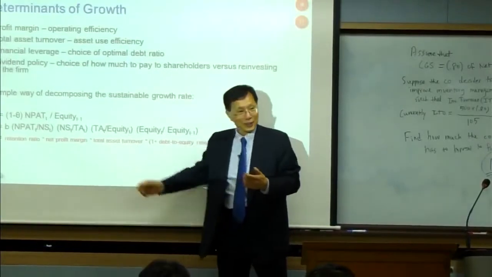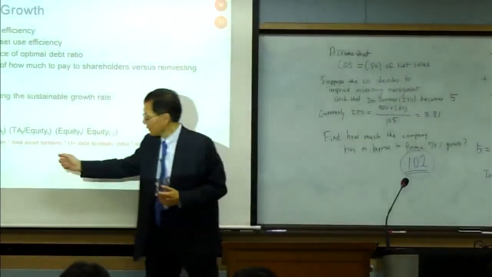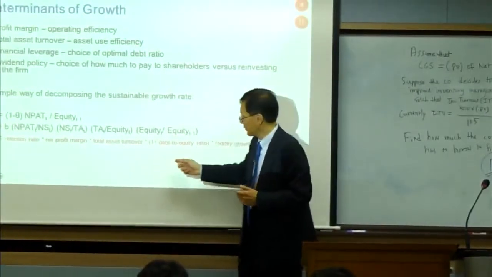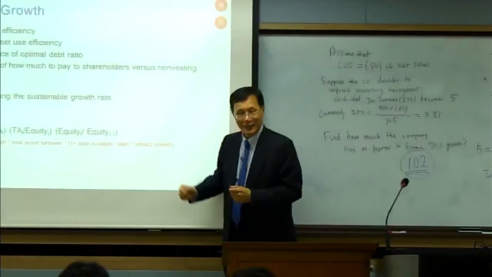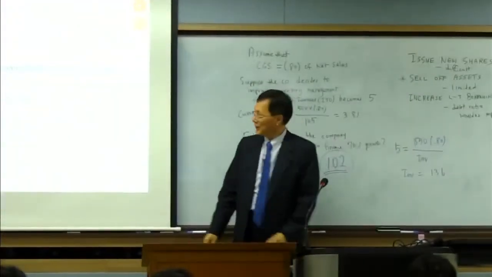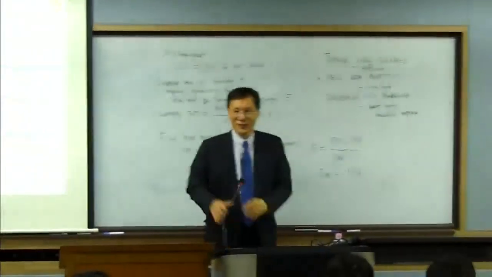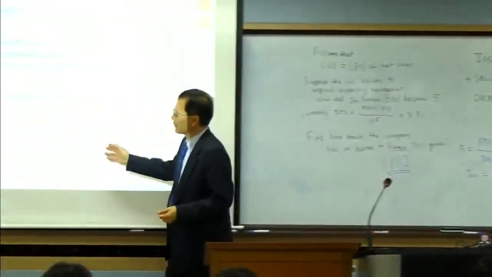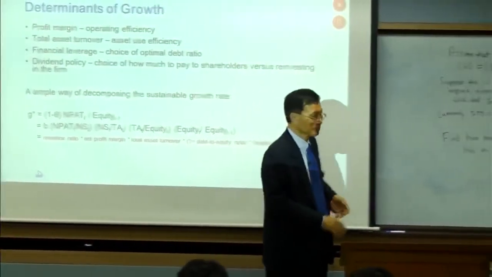The more efficient in total asset management, like inventory, the faster you can grow. This is fixed. You have to issue new shares or change your leverage ratio to grow faster, okay?